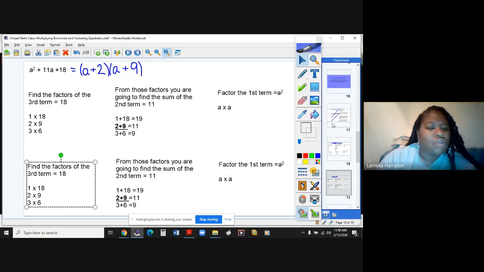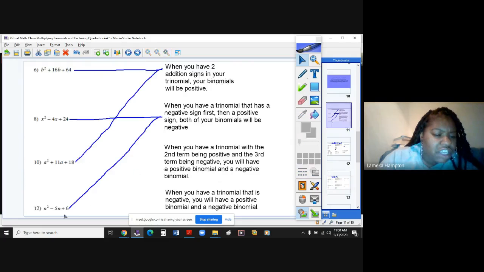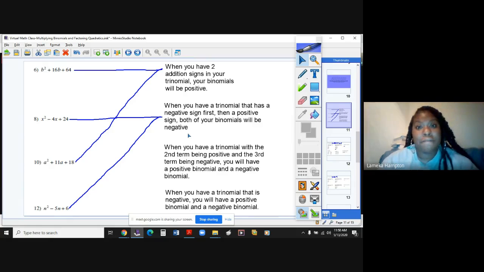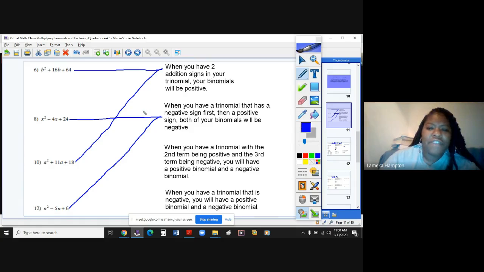So now I'm going to go to our last problem, and it says n squared minus 5n plus 6. We already said that when you have a trinomial that has a negative sign first, then a positive sign, both of your binomials will be negative. Now, we have already proven that this one did not fit.